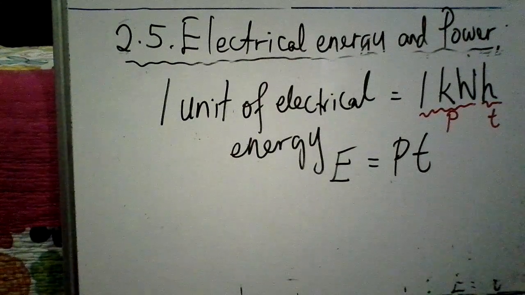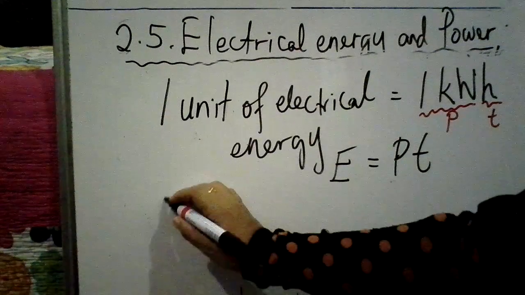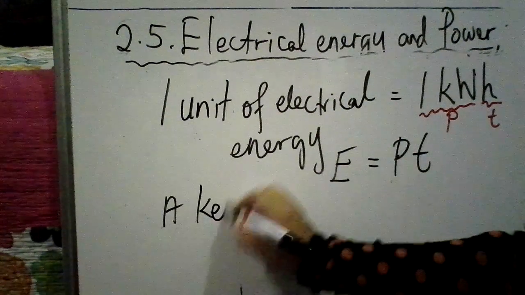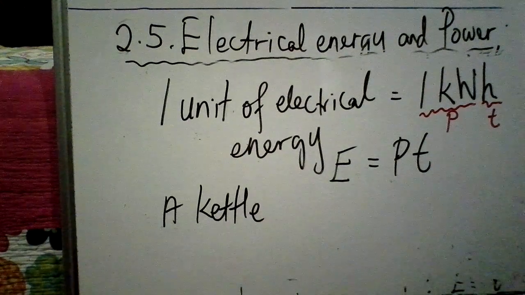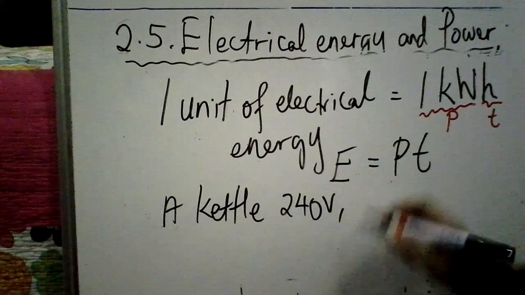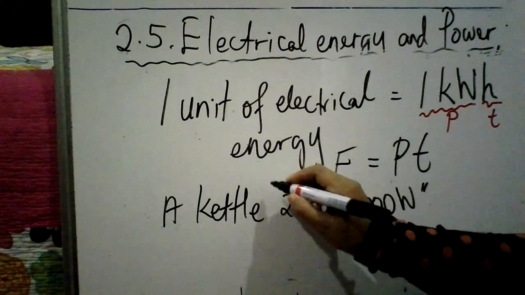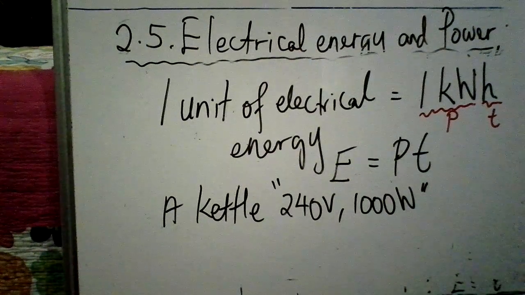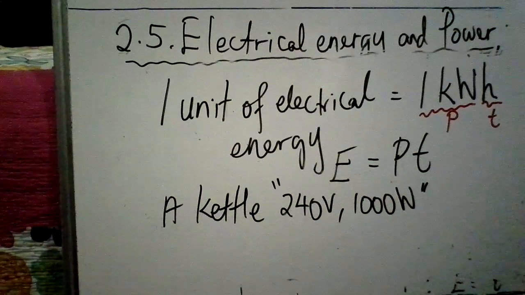Okay. One example. So let's say we have a kettle. The power rating 240 volt, 1000 watt. Normally all electrical appliances will have this label. They call it power rating.